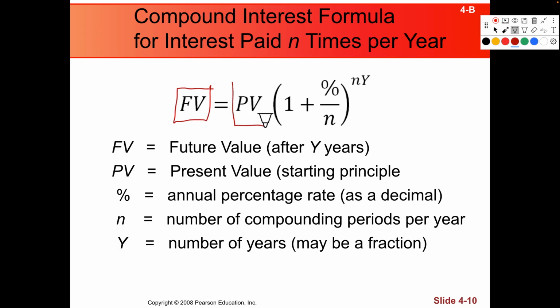We have a present value, which is what it's worth now. It's how much we put into it. And we've got an interest rate, and the N here is the number of compounding periods. Y is number of years. So up here we have years times number of compounding periods.